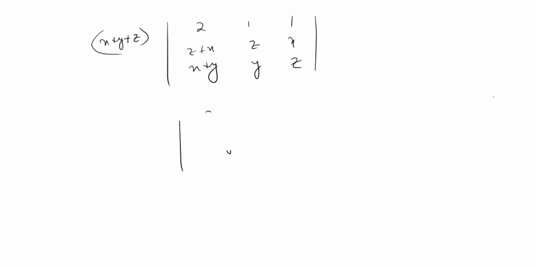So this would be 2, z plus x, x plus y, and this will be 0, z minus x and y minus z. This will remain as 1, x, z.